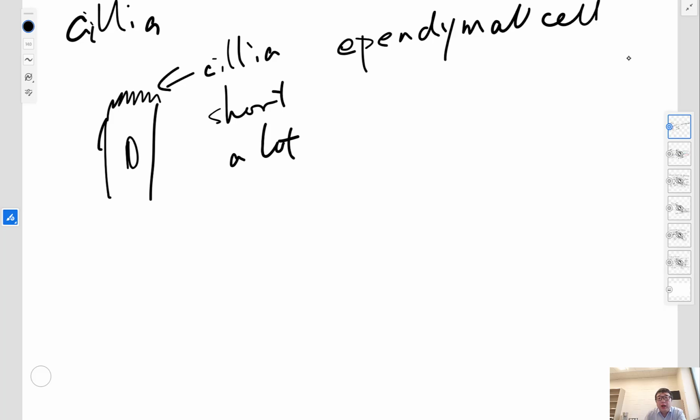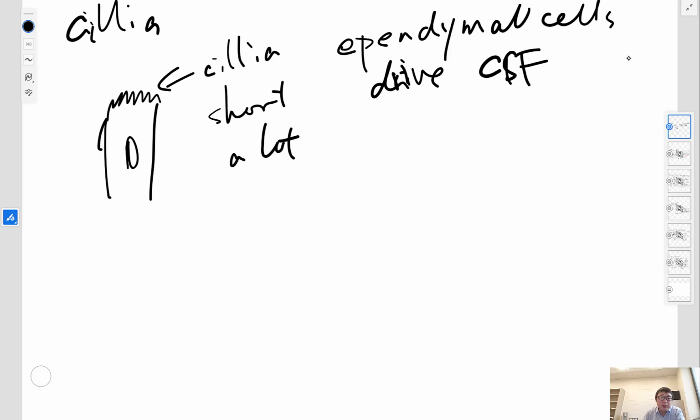Ependymal cells line the inner surface of the ventricular system of the brain and the spinal cord, and they drive or facilitate the cerebrospinal fluid to circulate inside the ventricular system.